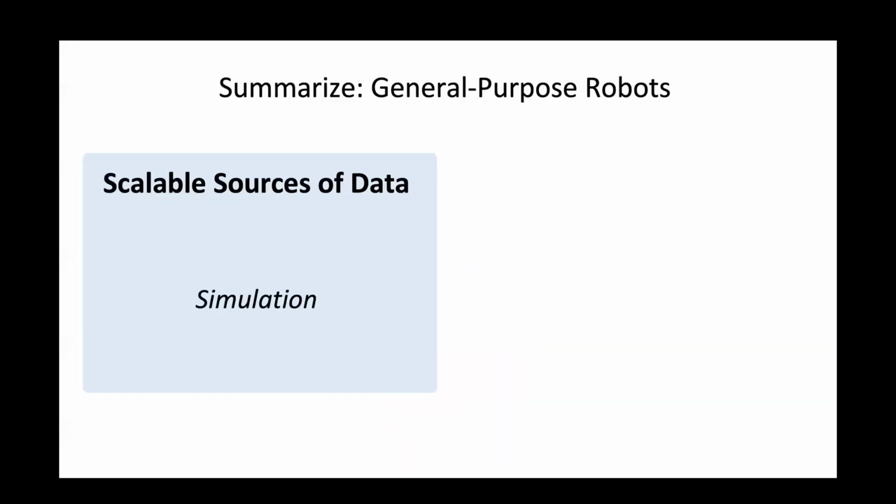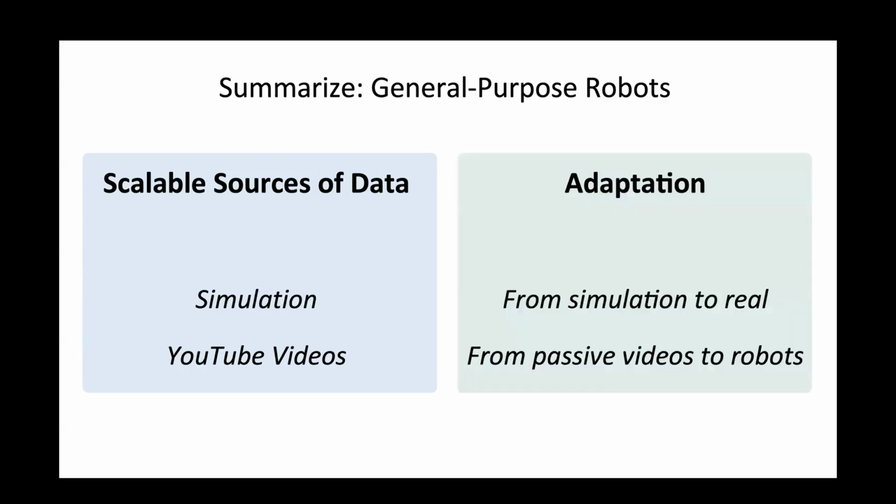But anyway, just to summarize, today I focused primarily on simulation, how simulations are powerful and what is still missing in trying to bridge the gap between simulation and real. But simulation and videos, I believe, are the two sources of data which can really help us scale to a variety of scenarios. But we still have to bridge the gap between the two by solving the problem of adaptation, either from simulation to real or videos to robots.